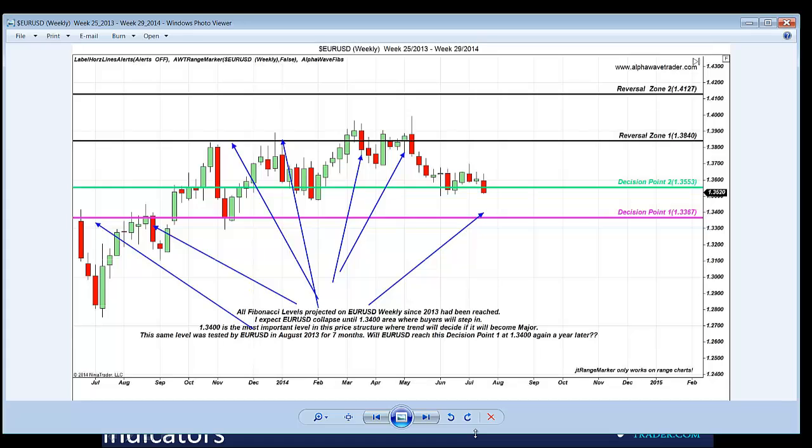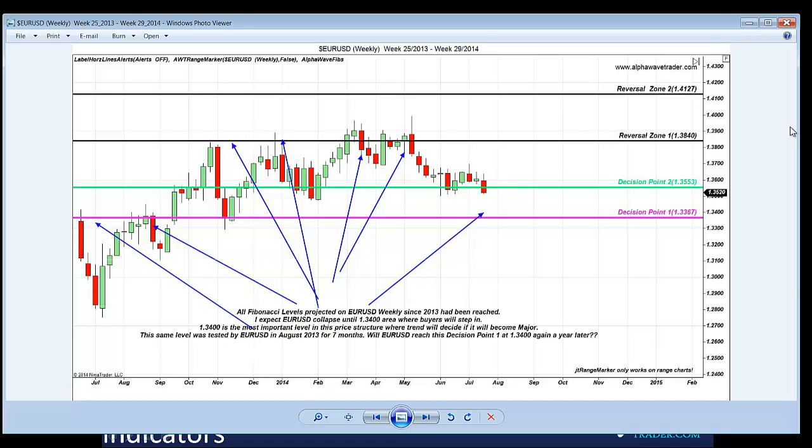Take a look at this puzzle and we'll take a look at Euro today and show you what I'm expecting on Euro. Price came to reversal zone, correct? Where's Euro today? Is Euro anywhere near 3,800?